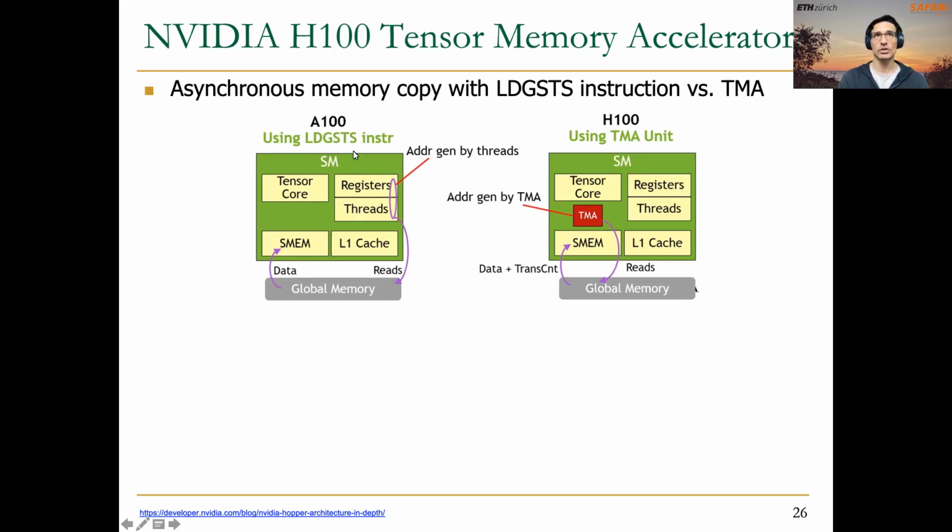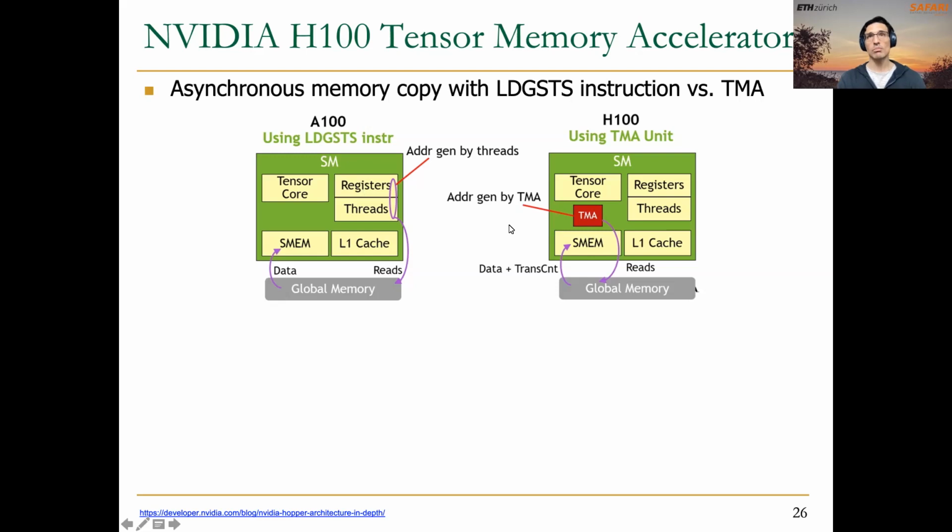In the A100 architecture, it's possible to use this asynchronous load instruction where we need to generate the addresses by the threads. We send these addresses to the global memory to perform a read, and then in an asynchronous manner, we copy the data from the global memory directly to the shared memory without having to go through the L1 cache and registers.